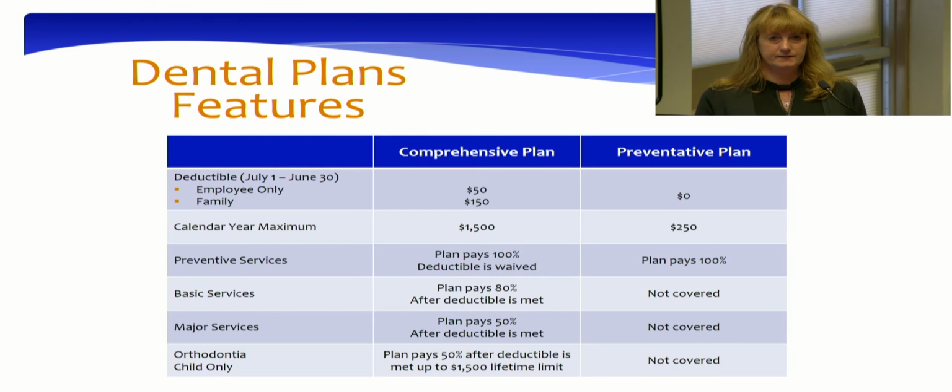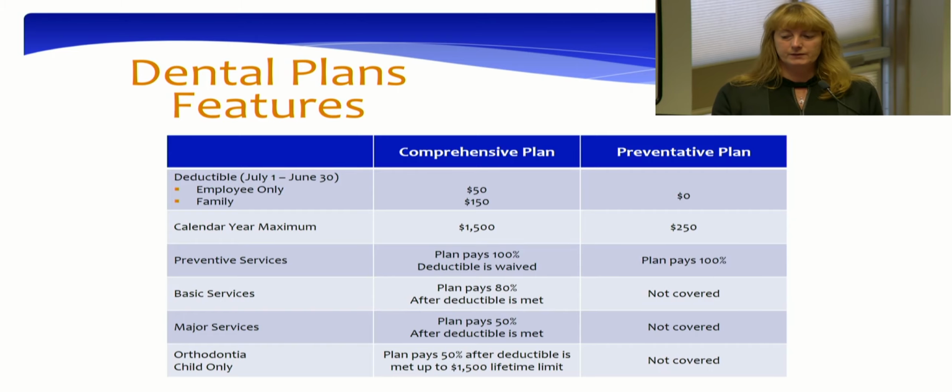For your preventative services, such as your routine cleanings and x-rays, the plan pays 100% and your deductible is waived. For basic services, after your deductible, the plan pays 80%, and those are your root canals and those types of services. For major services, the plan pays 50% after the deductible, and that's for your crowns and bridges.